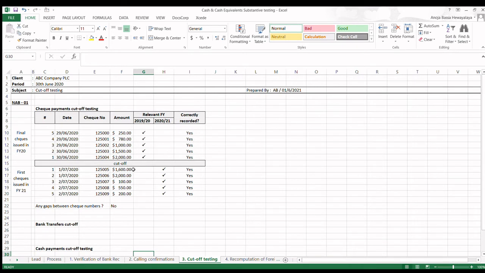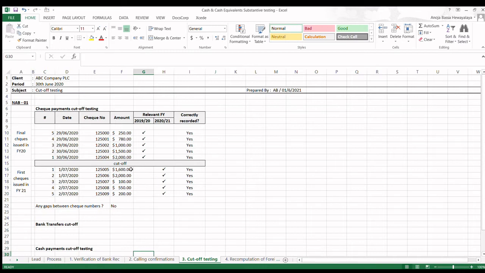This also verifies the completeness and accuracy of cash. For example, think the person who posts entries doesn't quite understand the difference between accrual basis and cash basis accounting, and the person has received a bill in June, and is paying for the bill in July.